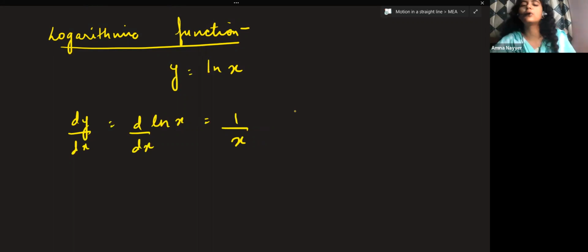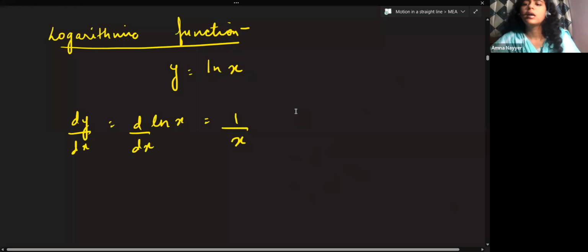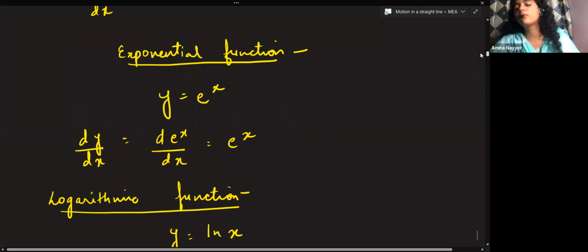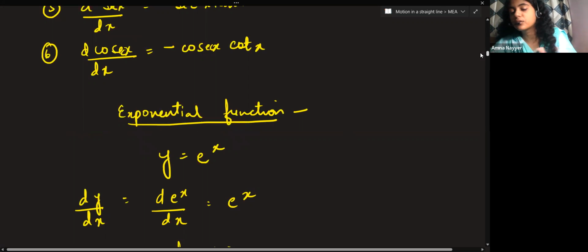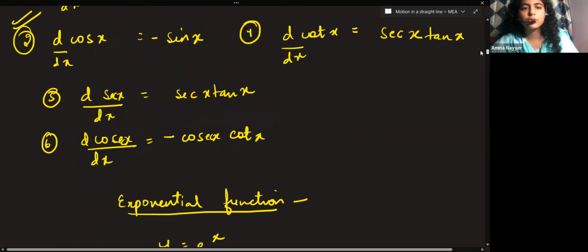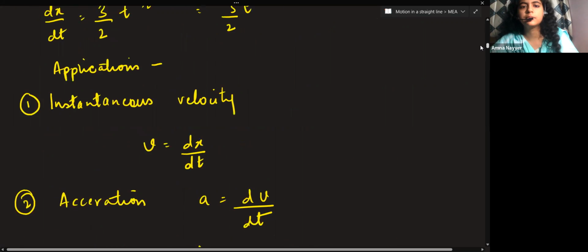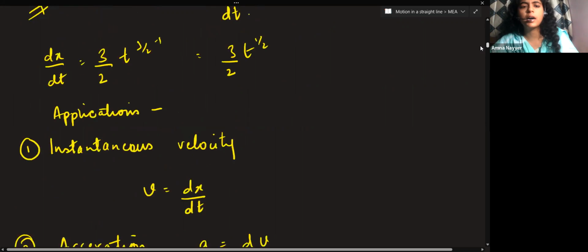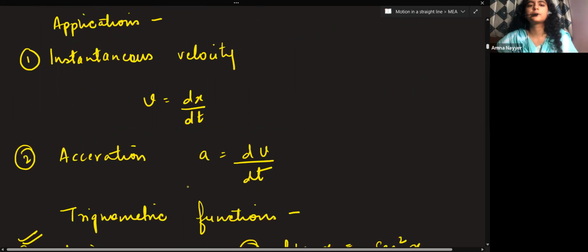All these chapters include logarithmic functions as well. So these are certain basic rules. Then we'll see properties. If you have a constant function, if you have two functions, if you have products, all these things. So just note it down from here. This you all have written, no? So from here.